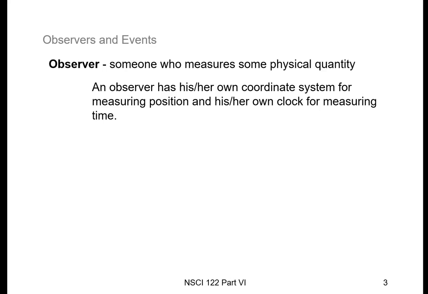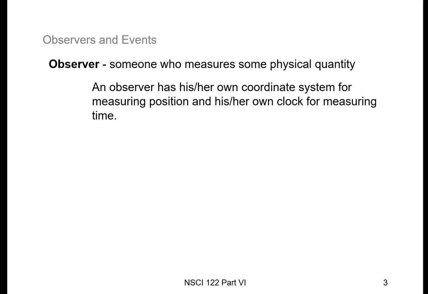That quantity can be a position, for example, or time, or speed, acceleration, force. Now, when an observer measures a quantity, they're going to use their own coordinate system for measuring position and their own clock for measuring time.